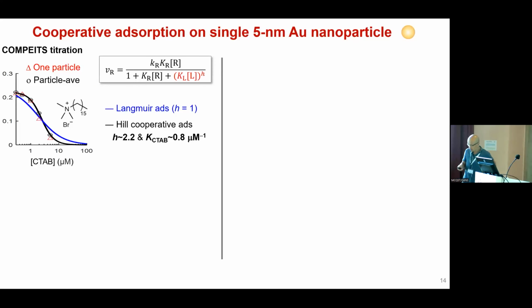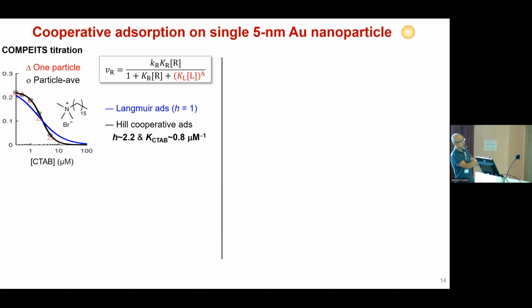Now, with that in mind, Rocky looked at it. For example, first, C-type adsorption on single 5 nanometer gold particles. You measure the fluorogenic reaction rate on a single 5 nanometer gold particle, titrated against C-type concentration. Of course, the rate is suppressed with increasing the competitor ligand.